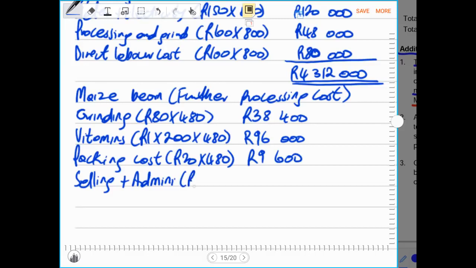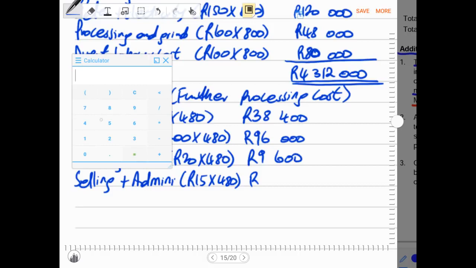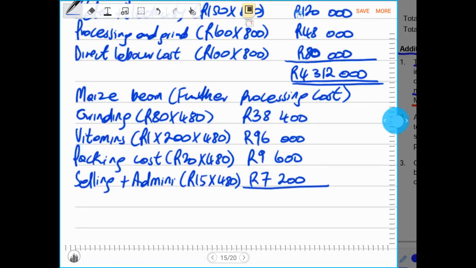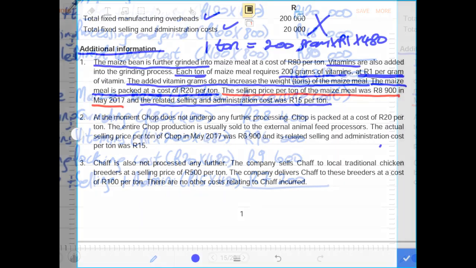They said it is 15 Rand per ton, and we processed 480 tons of the maize bean. So it will be 15 times 480, and it gives us an amount of 7,200 rands.